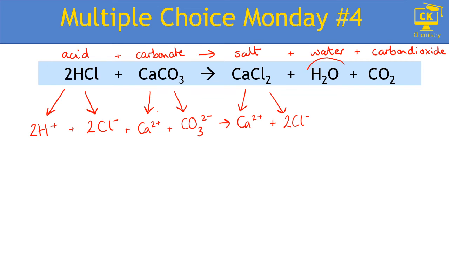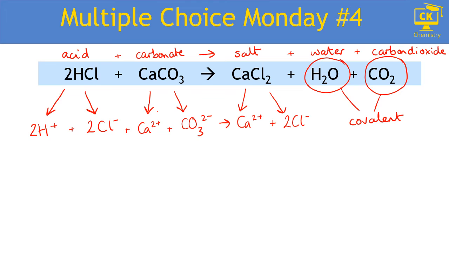But then when I get to these two substances, water and carbon dioxide, they are covalent. I can't split those up into ions. Now I know water does split up a tiny amount into H plus and OH minus, but that's really only a very, very small amount. And CO2 does not split up at all. CO2 is a gas which is released in this reaction and gives us the bubbling.